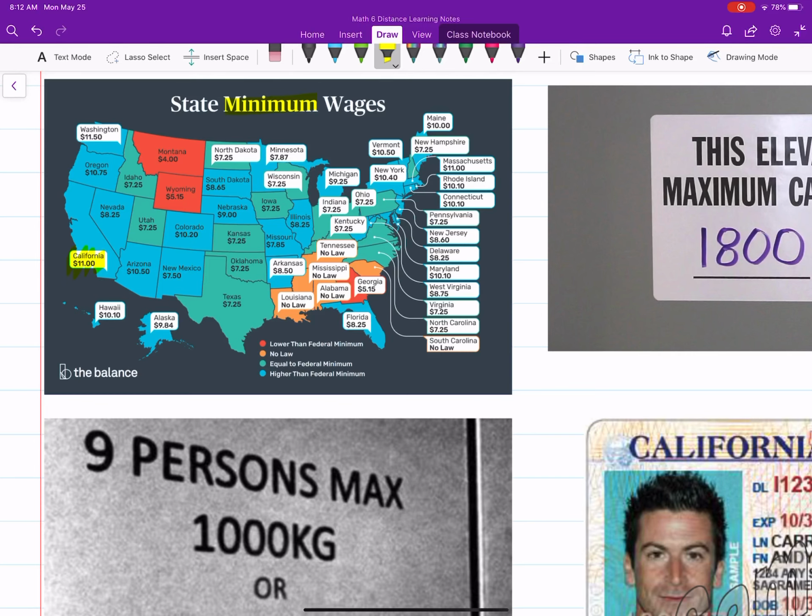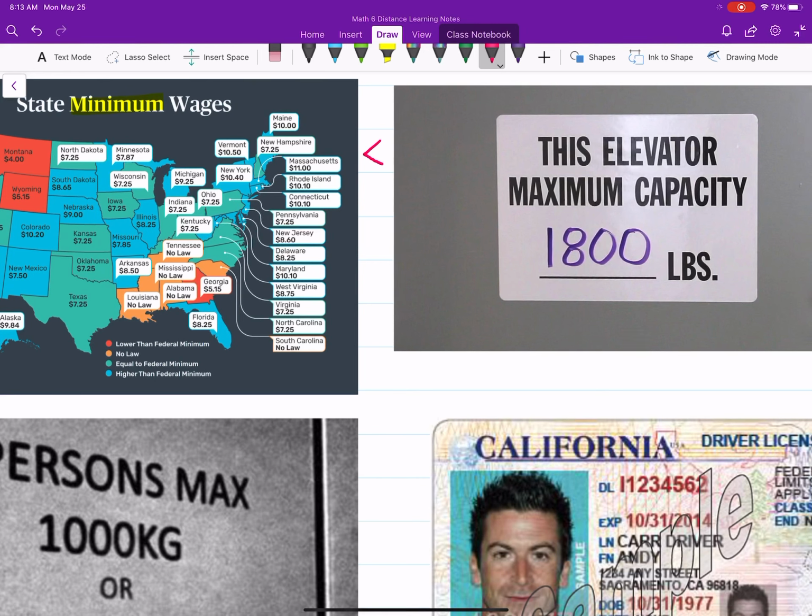That means anybody working in California could not be paid less than $11 per hour. So remember the inequality symbol, less than? We'll go over these in a little bit.